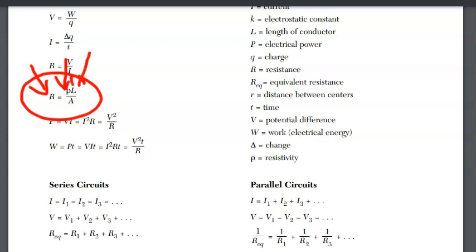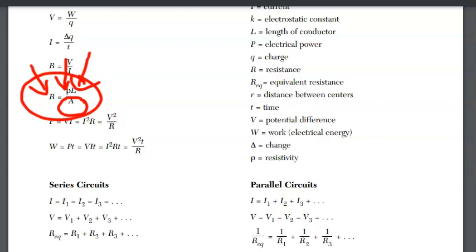For example, your length: the longer the wire, the more resistance. It's a direct relationship. But check it out. Look at the cross-sectional area. Resistance and cross-sectional area is an inverse relationship. So in this case, the fatter the wire, the less resistance. You do have to be careful with that.